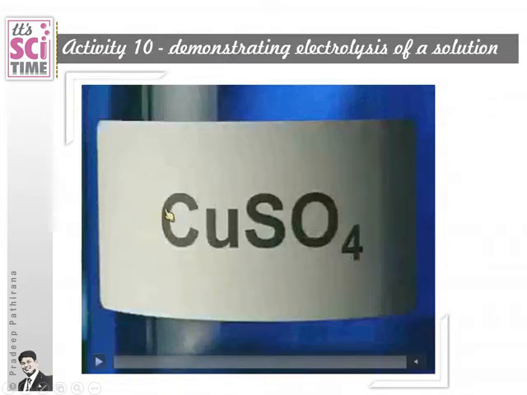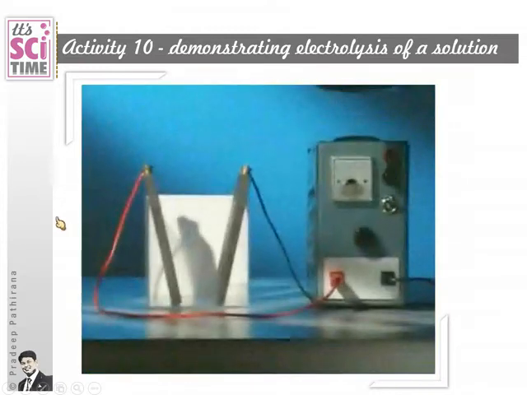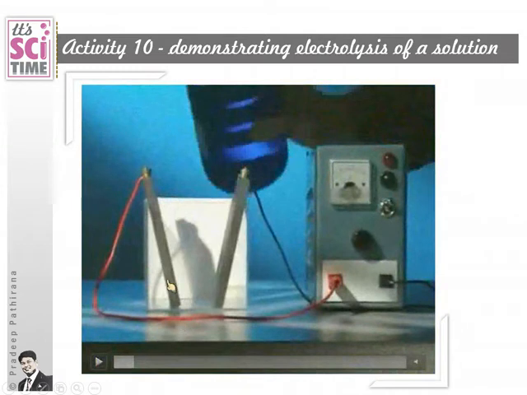This time the conducting solution we have selected is copper sulfate. It's a light blue colored solution, and let's see what happens when electrolysis is done. Look at the setup. A power supply is given to two electrodes, or two conductors.